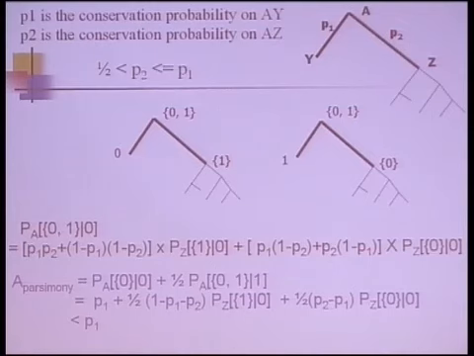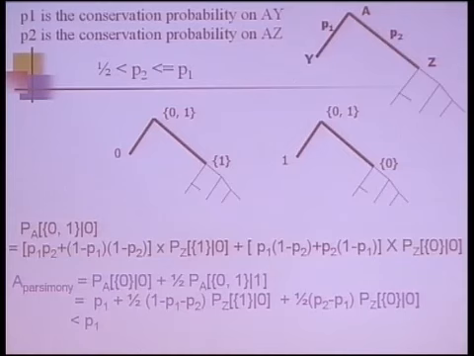So this is the observation about this reconstruction accuracy. We know in general the maximum likelihood method is better than the parsimony method, because the maximum likelihood considers the changes along the branch.